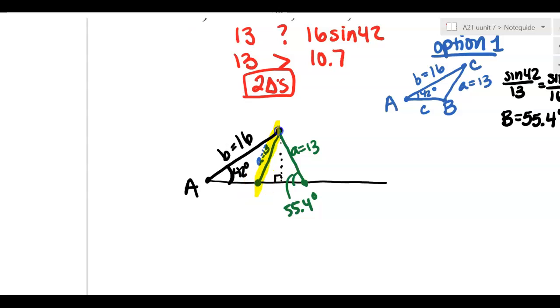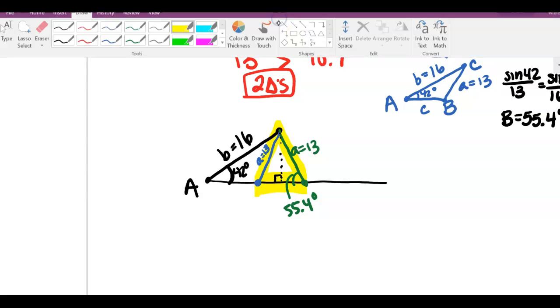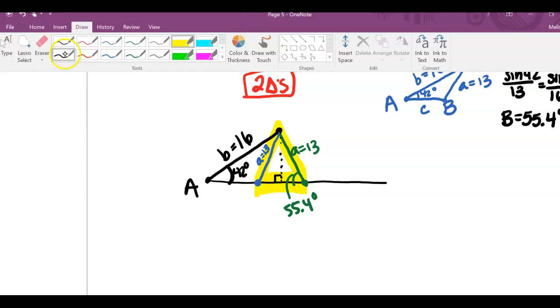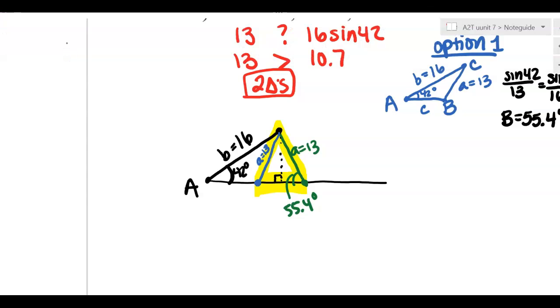So here's the third triangle in the picture. And no, we don't want to solve that triangle. That's not something from our given information, okay? However, this third triangle is the key for me to figure out the relationships between things. What kind of triangle is this triangle that I highlighted? It is isosceles, right?